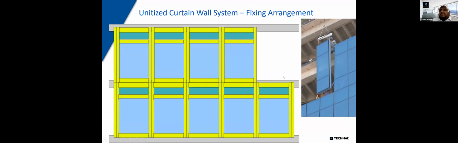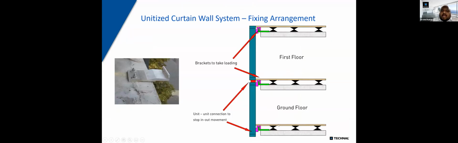So it's absolutely incredible, because as you are casting your slab, you can start casting your anchor plates, and you have your brackets installed as your floor is progressing. So every floor you are able to complete the facade installation as you grow floor by floor.